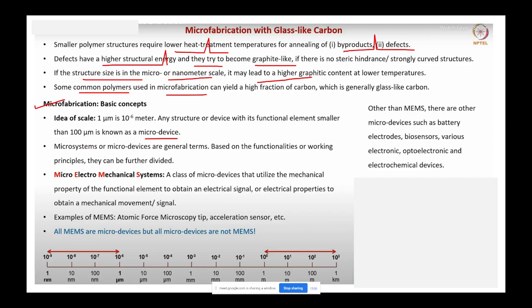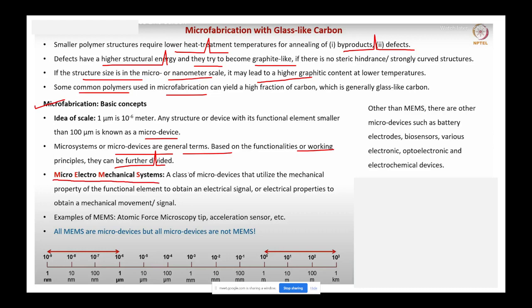So micro systems or micro devices can be further divided by functionality or working principles. MEMS is micro electromechanical system.